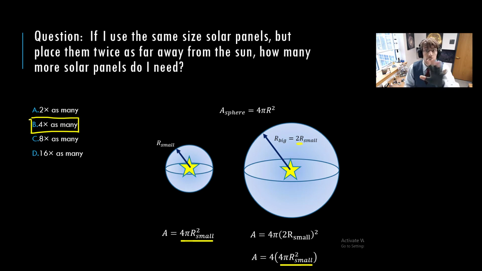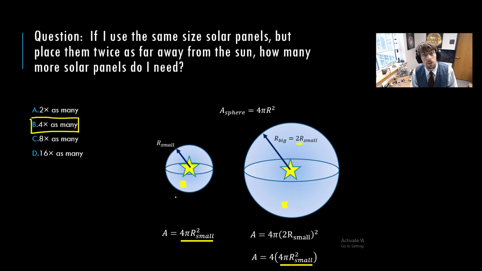Okay, next question for you, and quantitative. Thinking about a solar panel on the surface of the small sphere and a solar panel on the surface of the large sphere, how much more light does the solar panel on the small sphere collect as compared to that on the large sphere? Right now we're quantitative with the rich uncle problem.